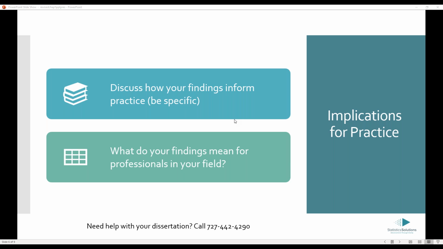So implications for practice are just like they sound. How might your findings inform people at the level of practice? How might they inform the professionals or the stakeholders in the area that you're talking about? And you can be as specific as possible here.